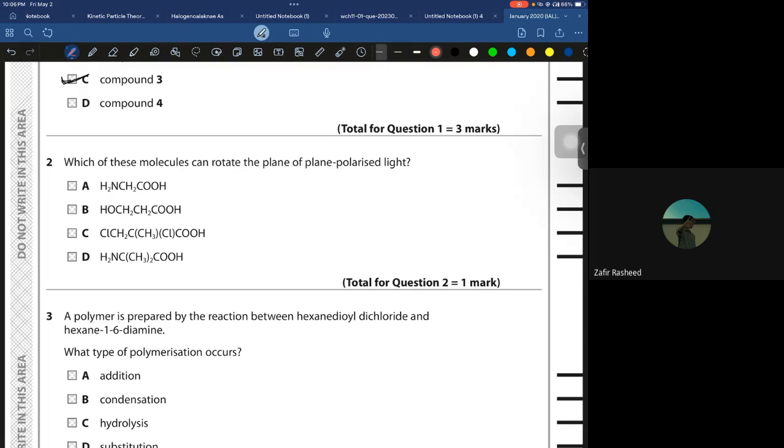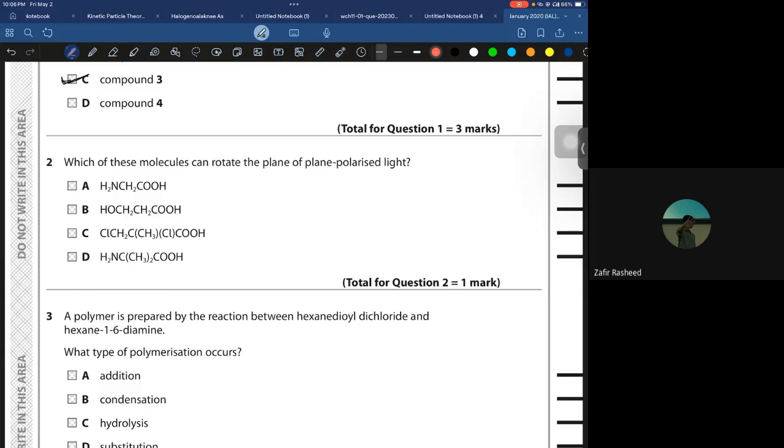Which of these molecules can rotate the plane of plane polarized light? Of course, it must have a chiral center. Remember, chiral means four different groups attached to the central carbon atom.